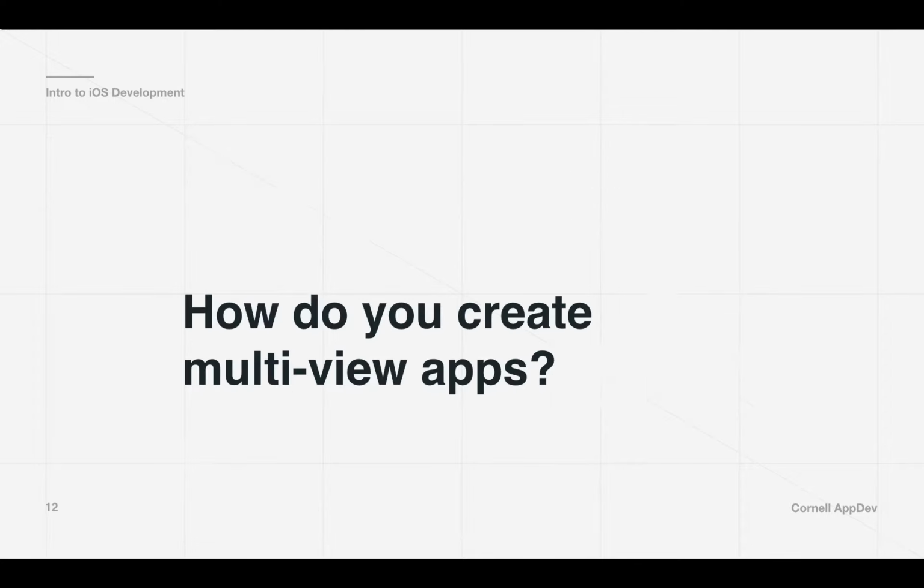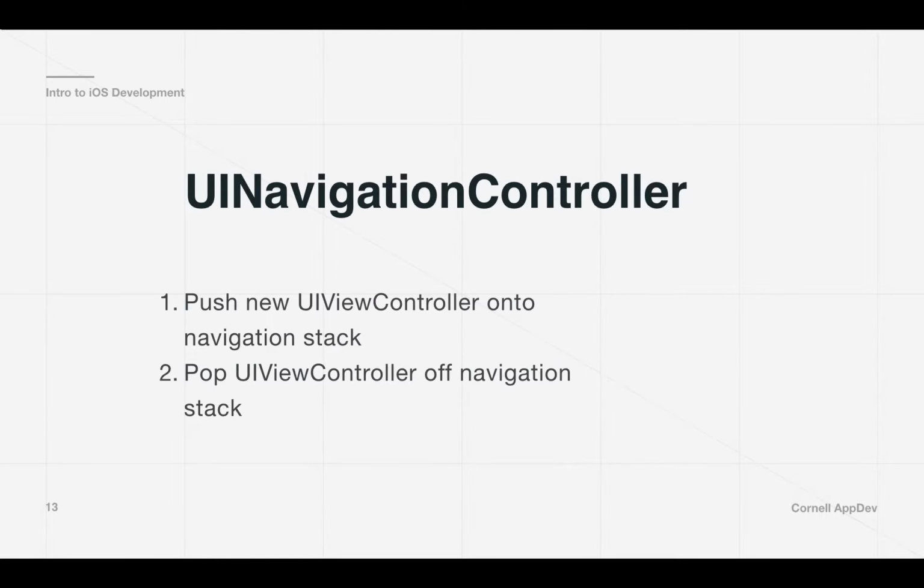Okay, cool. All right, so now let's talk about how we create multi-view apps. The first thing that comes with multi-view apps is how to present new views. The first thing we're going to talk about is a UINavigationController. This is a controller that can handle pushing and popping new views onto something called a navigation stack.